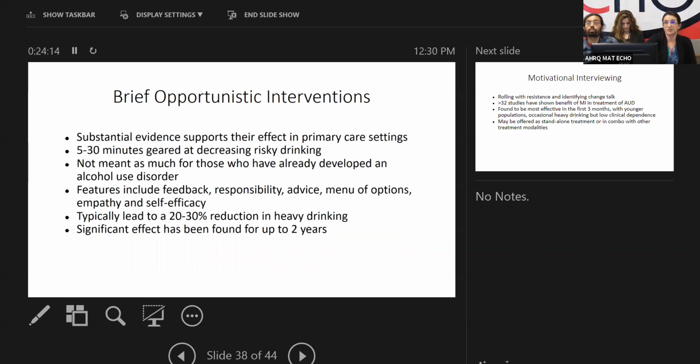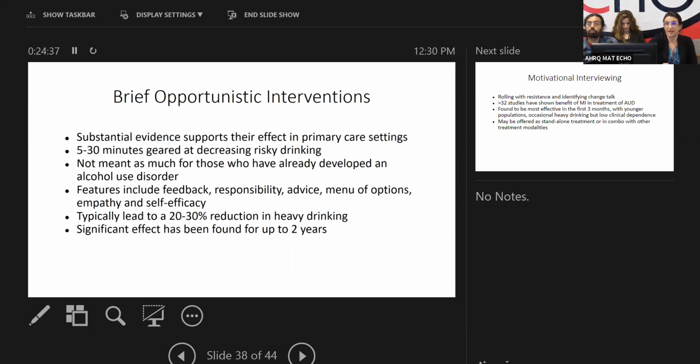Brief opportunistic interventions have a lot of evidence of their effect in primary care settings, at 5 to 30 minutes. They're not really meant for those who've already developed alcohol use disorder, so much as geared at decreasing risky drinking patterns.